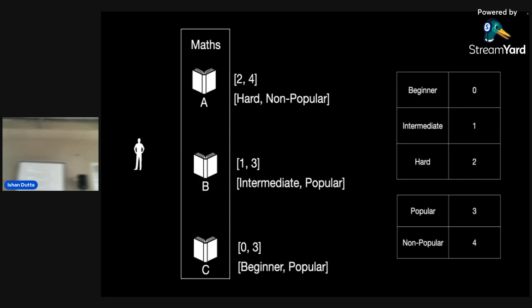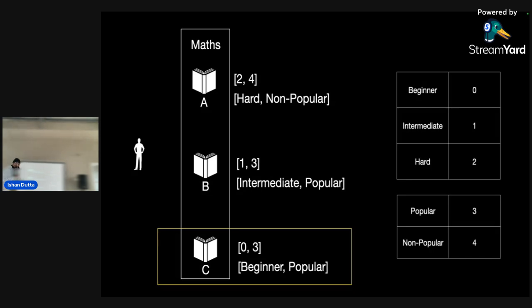The correct answer is C. Technically, there cannot be a correct answer, but let's assume there is a correct answer and it's C. The reason you thought it's C, and again, I made you think it's C because I already told you that Rahul does not have any context. The reason is that you can have this code for multiple books.